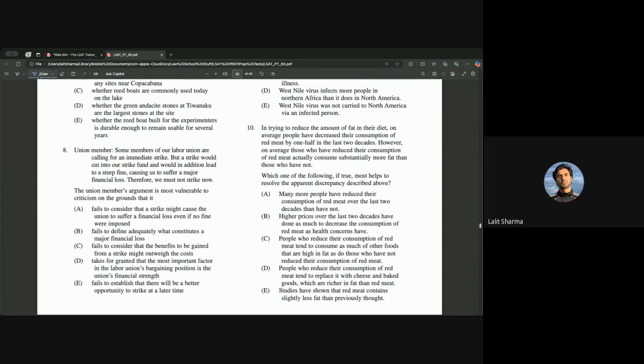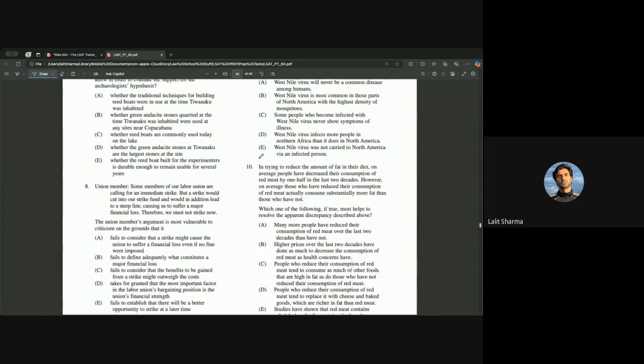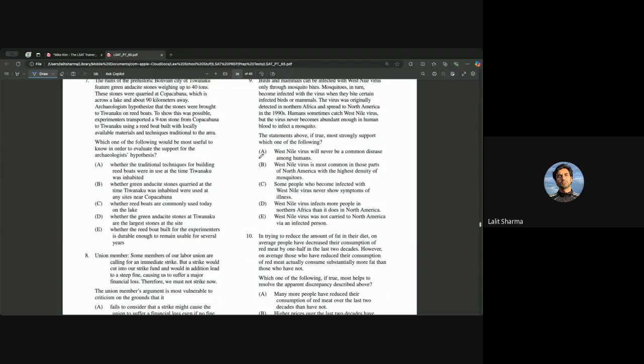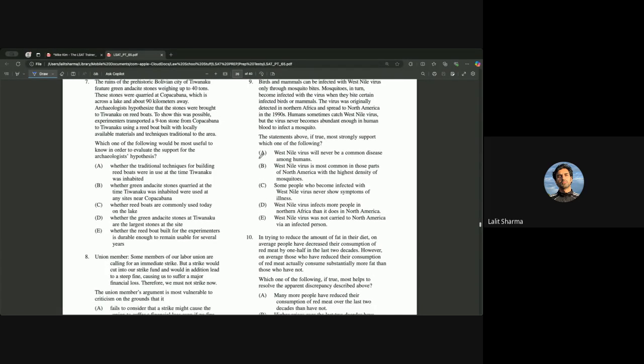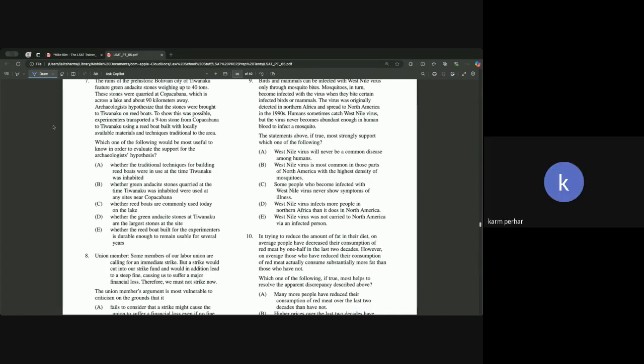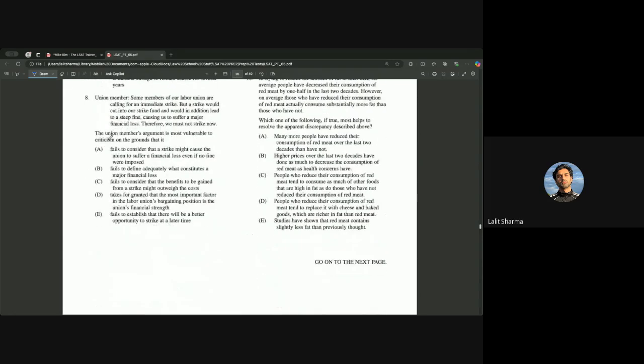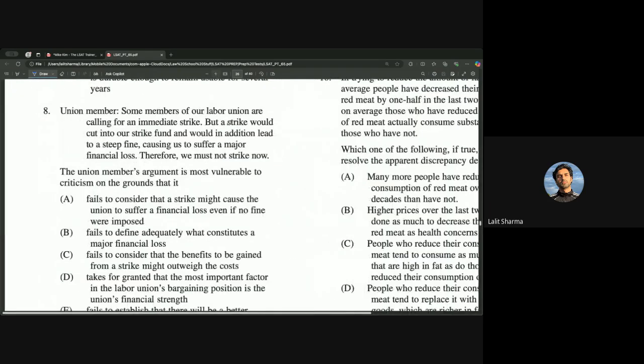Okay, so do you see on this page a flaw question here? Which one or multiple do you think, or if any? Number 8. Mm-hmm. And it's easy, right? You just see the words vulnerable to criticism. Yeah.